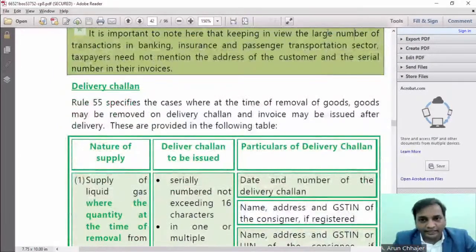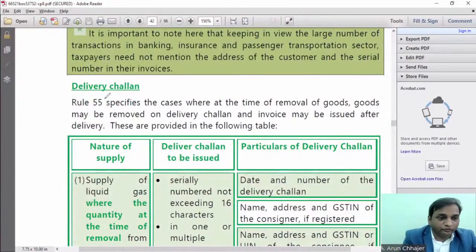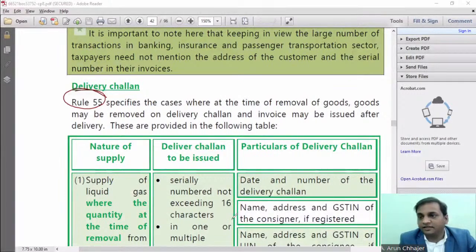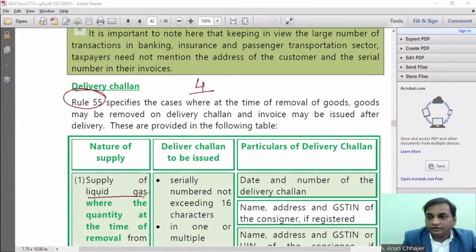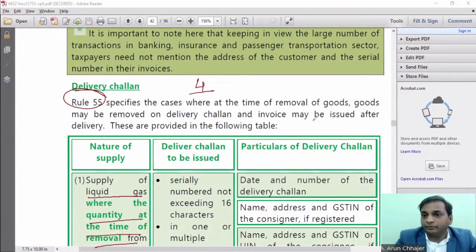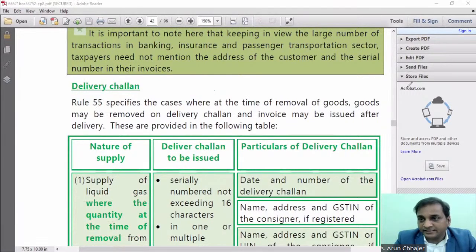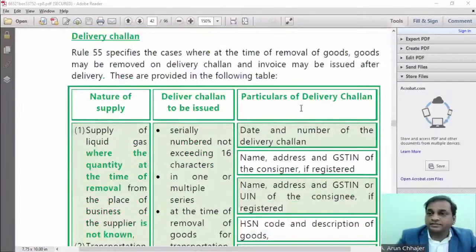Now, again, important: delivery challan. Rule 55 talks about when we should issue the delivery challan. We can issue the delivery challan in 4 circumstances. First, if the supplier is supplying liquid gas where the quantity is not known at the time of removal. If liquid gas is being transported, some quantity would not reach.